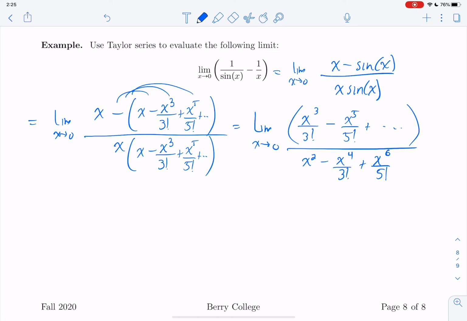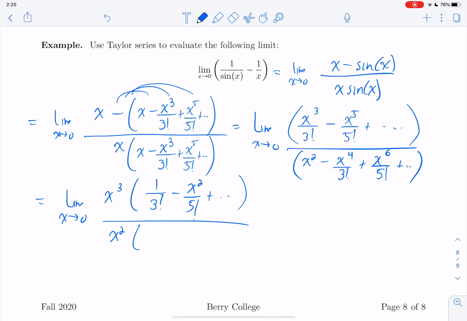And now the key thing here is that I can factor out the highest powered term in both of these. And what I'll end up getting here is the limit as x approaches 0 of x cubed times 1 over 3 factorial minus x squared over 5 factorial plus etc. all over x squared times 1 minus x squared over 3 factorial plus x to the 4th over 5 factorial.